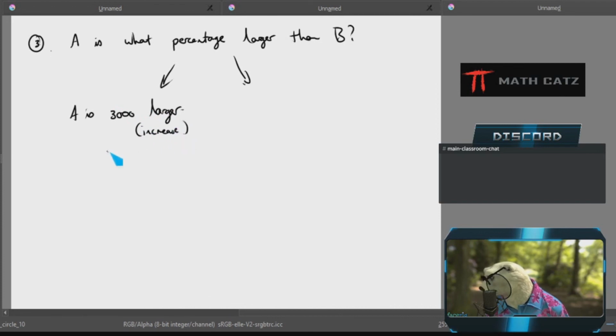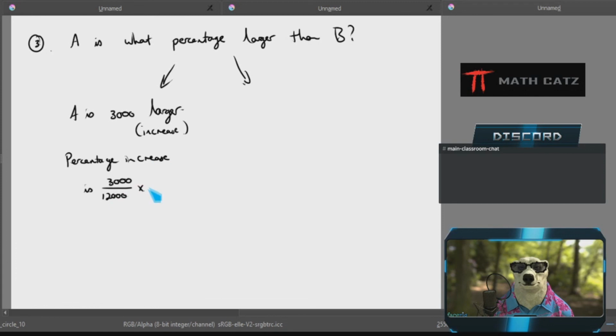So then the percentage increase is 3,000 compared to which one? Compared to B. I get the percentage value by multiplying by 100. 3,000 divided by 12,000 times 100. We get 25, of course that'll be 25%.